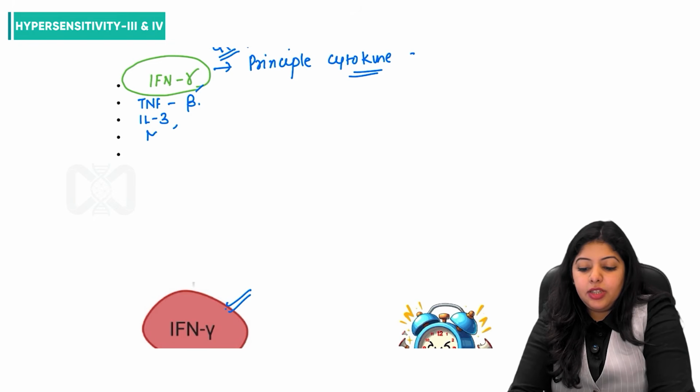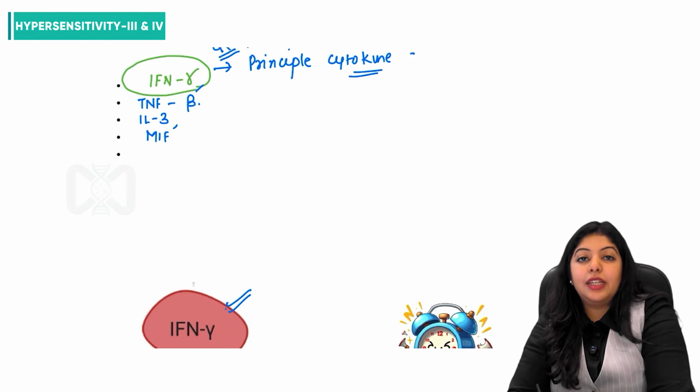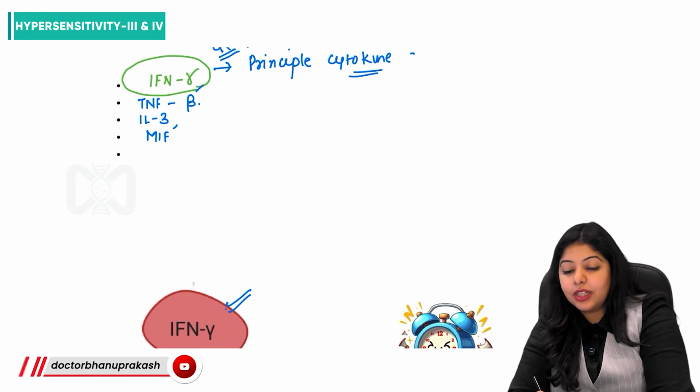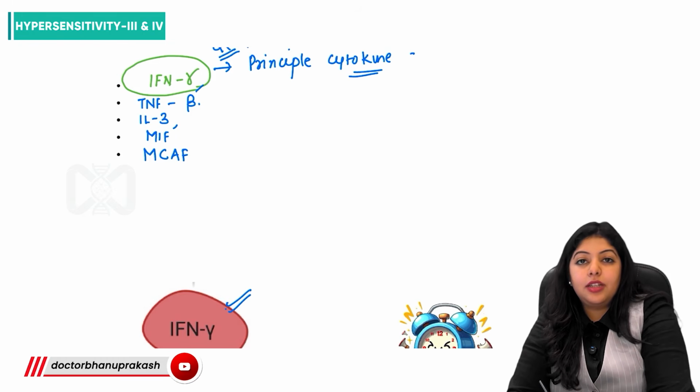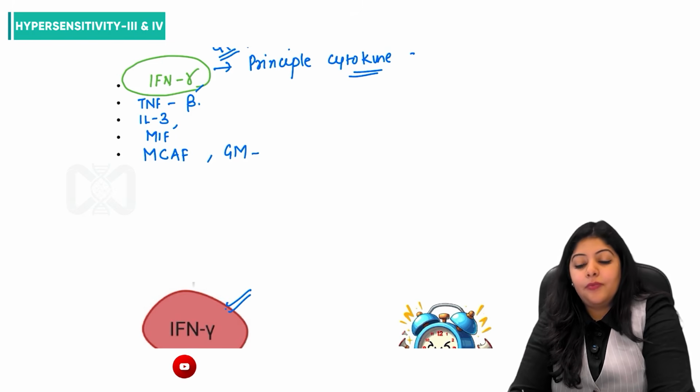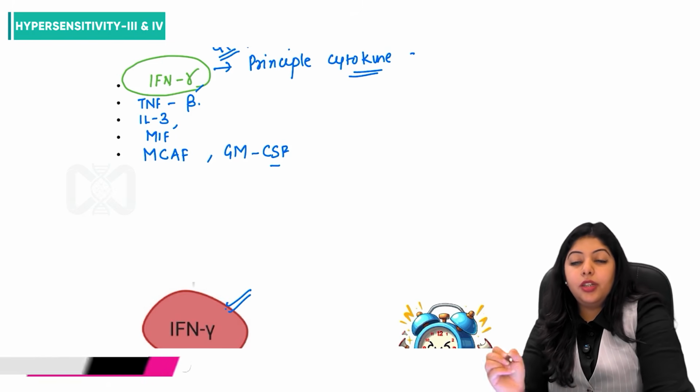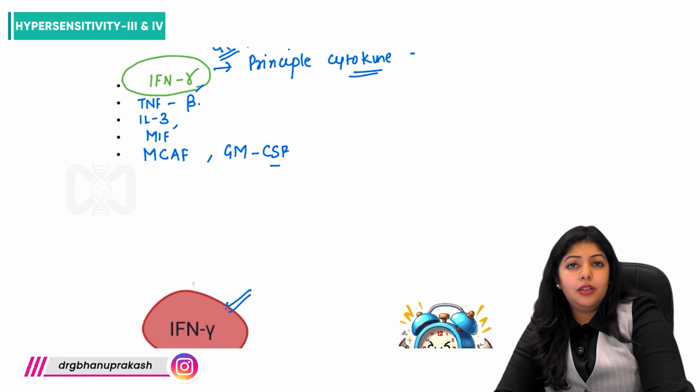Then migration inhibitory factor is getting released. Then monocyte chemoattractant and activation factor is getting released. Then granulocyte monocyte colony stimulating factor is also getting released. So a lot of cytokines are getting released.